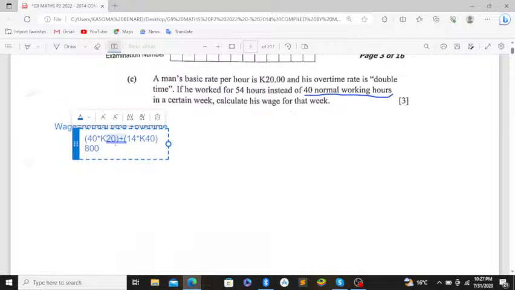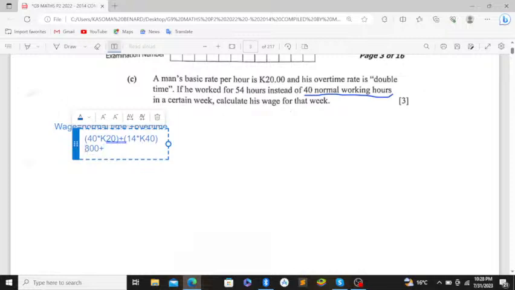Then 800 plus, we multiply 14 by 40. When we multiply 14 by 40, we're going to get 560. It's more or less like when we multiply 40 by 10 it gives us 400, then 40 by 4 gives us 160, and 160 plus 400 gives us 560.